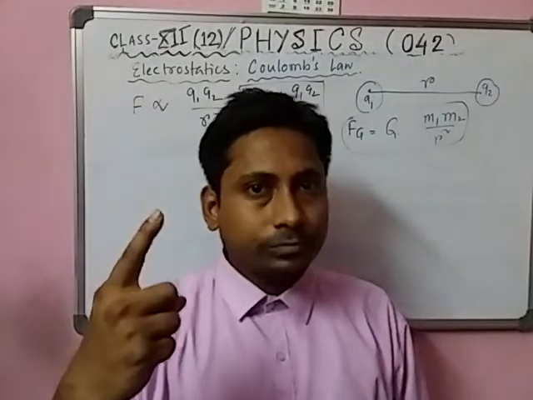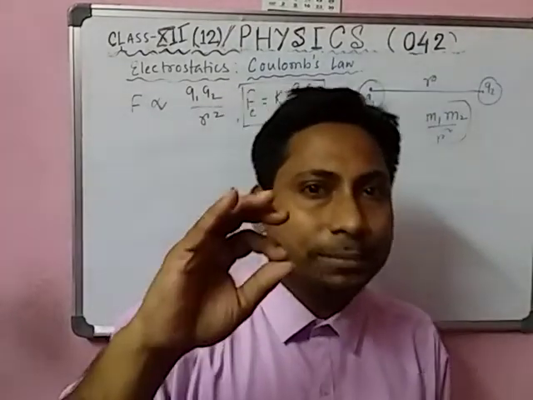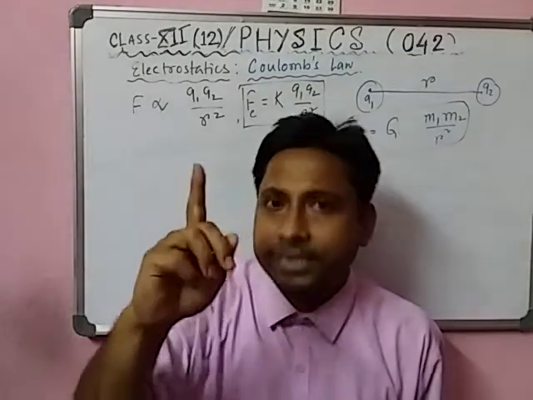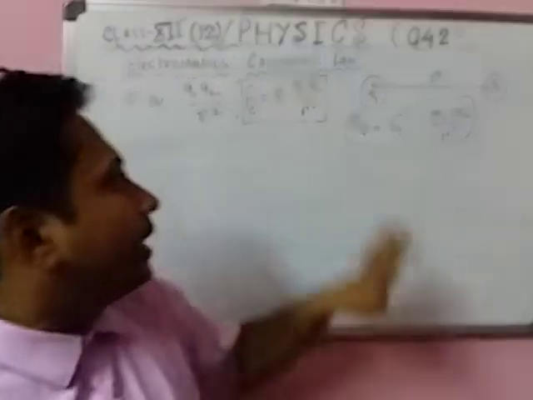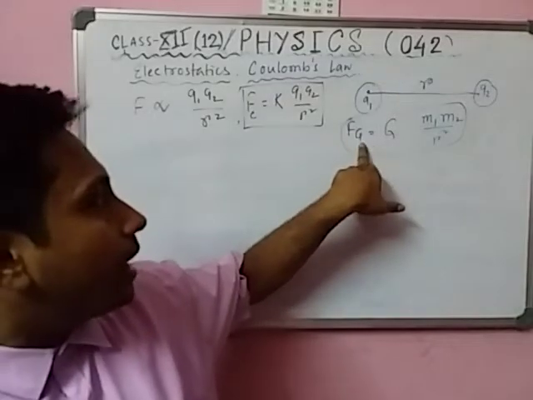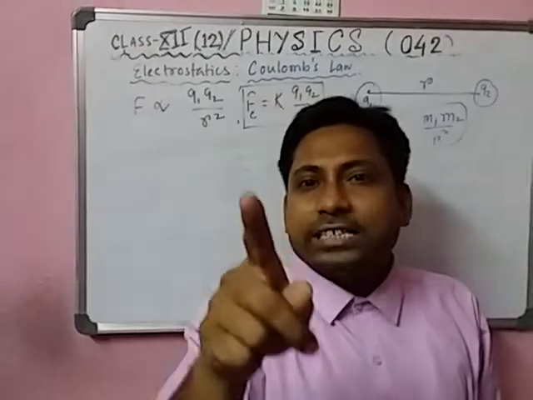First of all, I will discuss the similarities, then the dissimilarities. Number one similarity: Fc and Fg, Coulomb's law and gravitational force, both are conservative in nature.